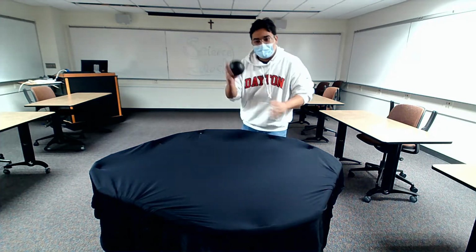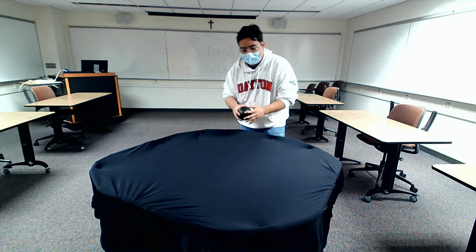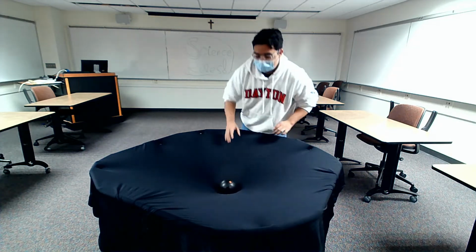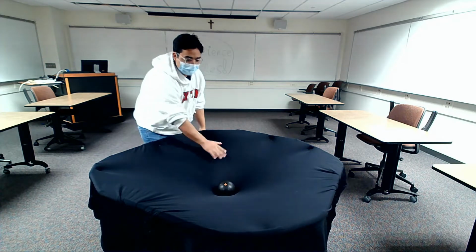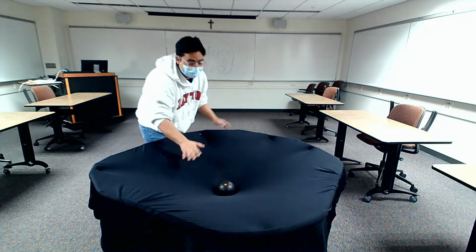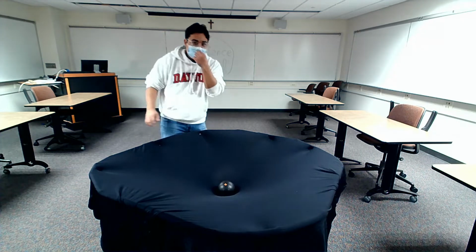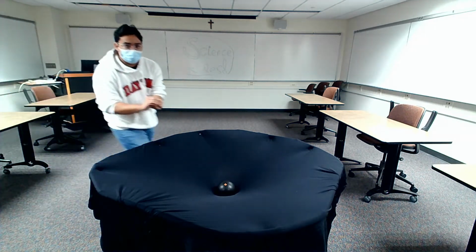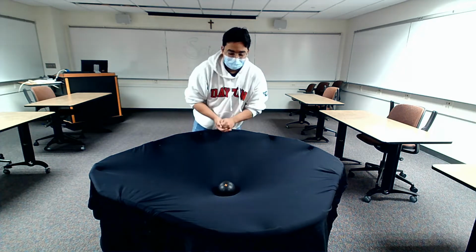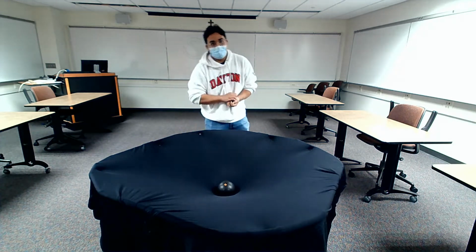So right here, we're going to call this our sun. I'm going to drop this in the middle of the sheet, and you see how it makes a huge dent into this space-time area right here. And these marbles I have in my hand are going to represent the planets in our solar system.